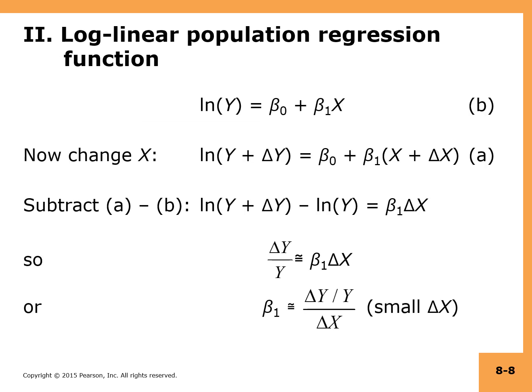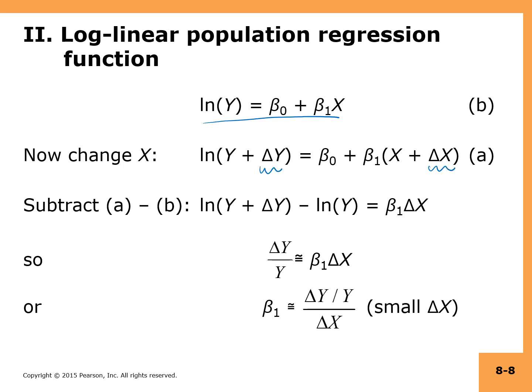Now we're going to move on to the second case, the log-linear model. In the log-linear model, we log transform the dependent variable y. As in the previous case, we first start off with the basic log-linear model and then change x, which will cause a change in y.